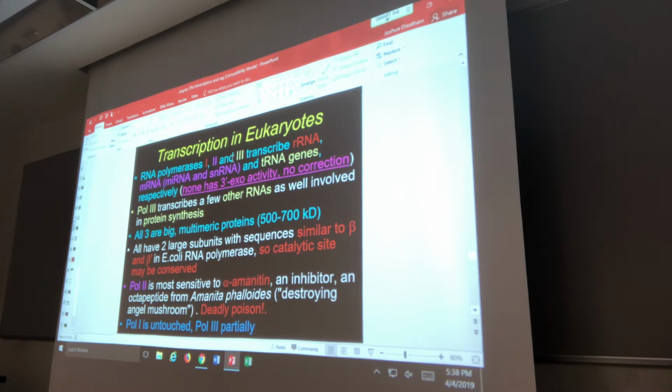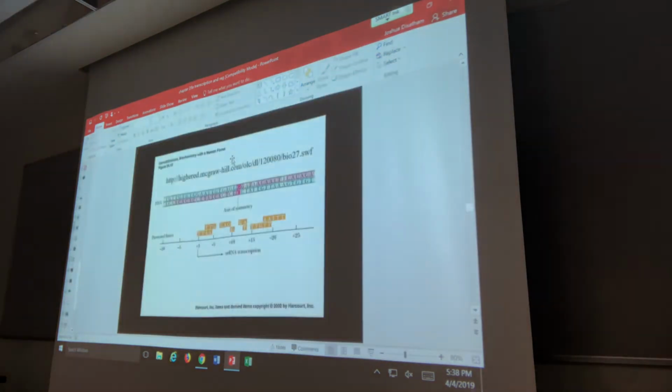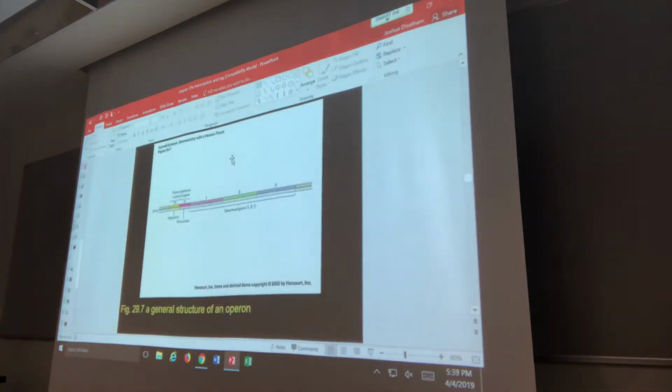Yes? There's a graphic of the prokaryotic polymerase, and it has the CTD details, but it doesn't say anything about that. Do you need to know anything about the C-terminal domain? Let me see. He said something about their function, but I think he was talking about eukaryotes.